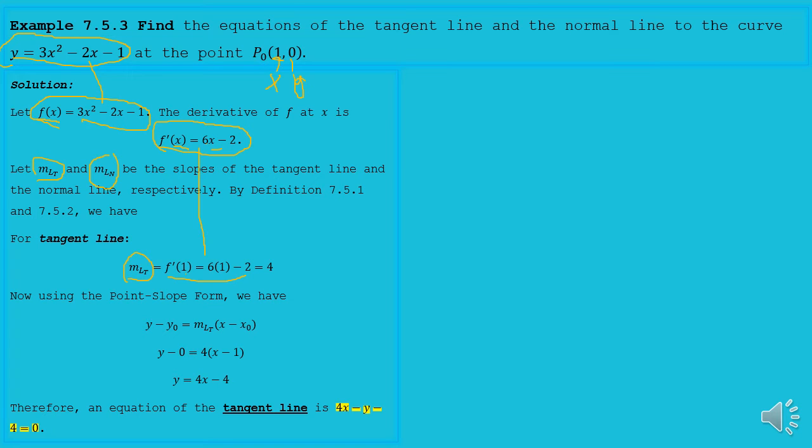So 6 times 1 is 6 minus 2 that is equal to 4, which means na ang slope ng tangent line natin is equal to 4.